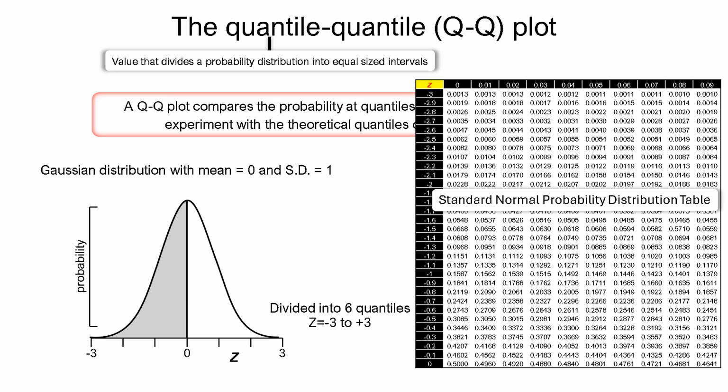To read the table, locate the first two digits of the z-score in the left column and the third digit in the top row. For example, find the row at -0.2 and the column at 0.05, making up z equals -0.25. The value where they intersect is the probability of recording values smaller than or equal to that z-score.